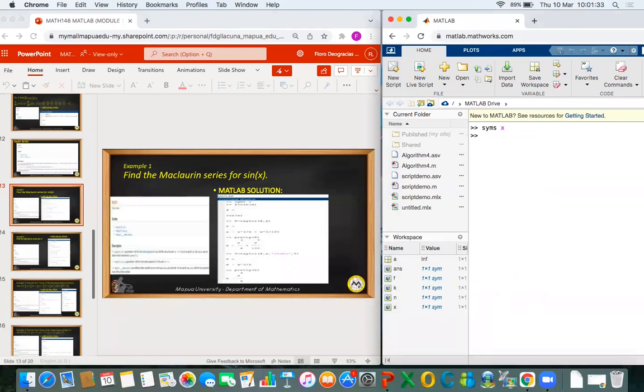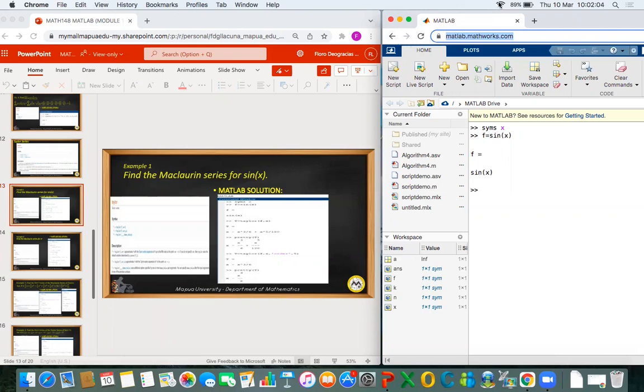Then let's have first the function f equals sin x. If this is cosine, you write cos x. If this is tangent, you write tan. By the way, MATLAB will also help you to identify those trigonometric functions.